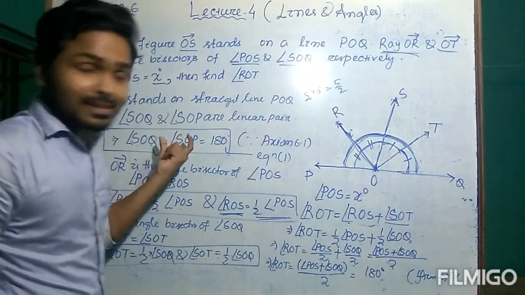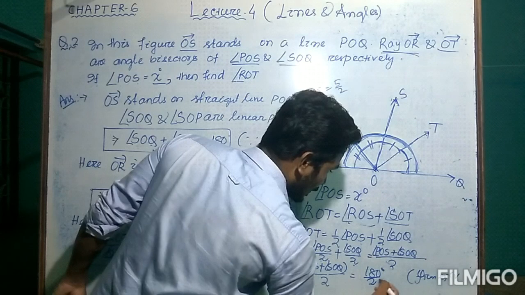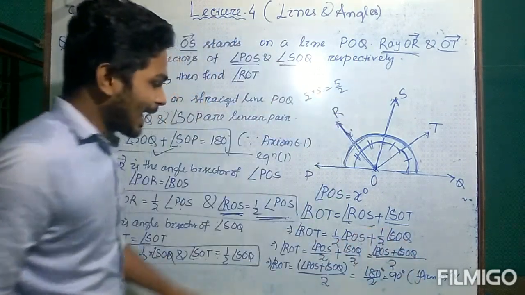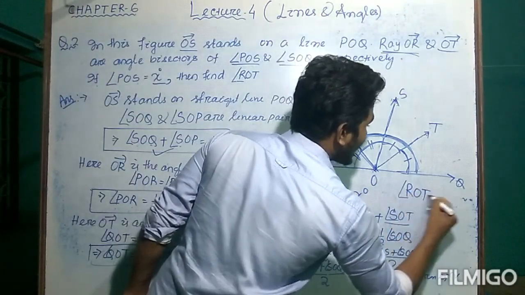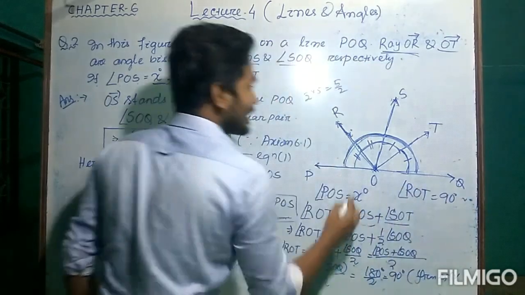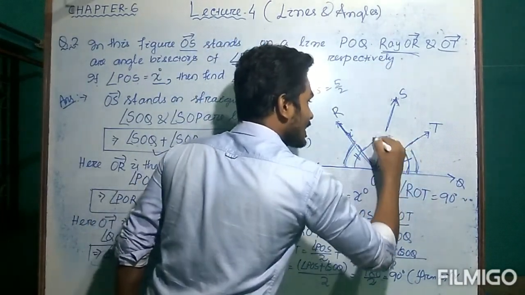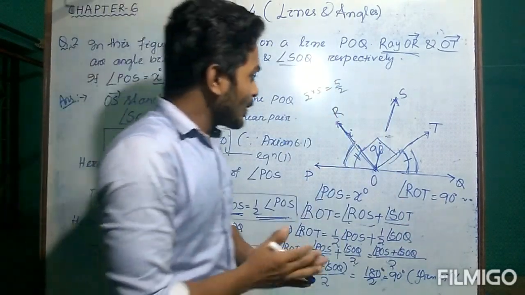These two angles are linear pair angles. So their value is equal to 180 degrees. So by 2, 180 degrees by 2 is 90 degrees. Hence we get the value of ROT angle is equal to 90 degrees. So this angle ROT is equal to 90 degrees. Okay. Now you can understand it.